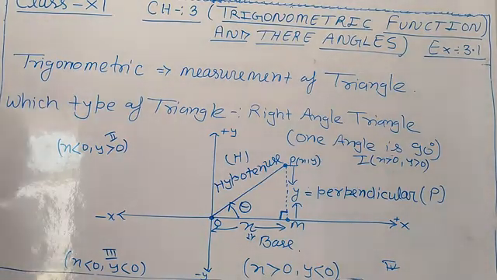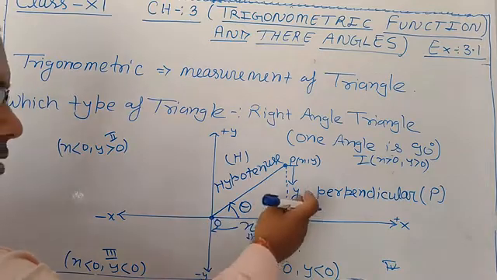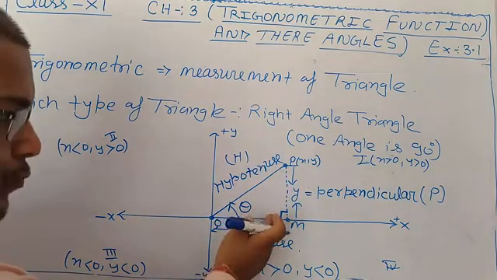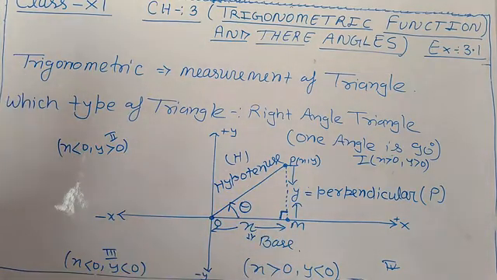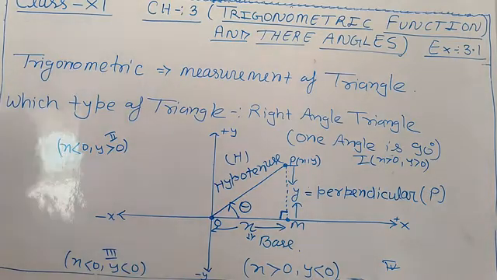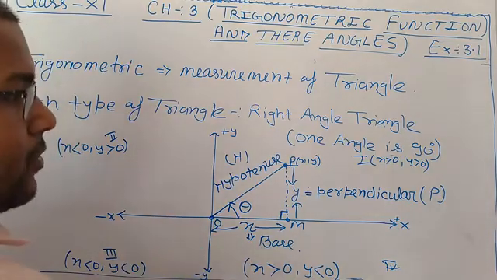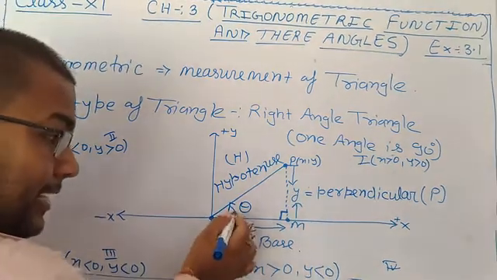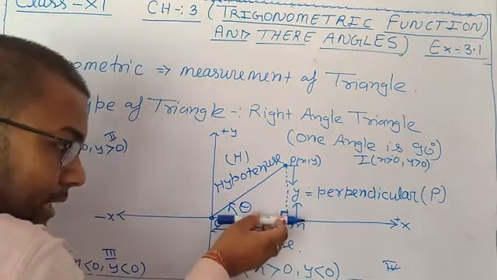So this is very important, students. The side opposite to theta is called the perpendicular. The side opposite to the 90 degree angle is called the hypotenuse. And the third side is the base. And very important, this is the OX axis.